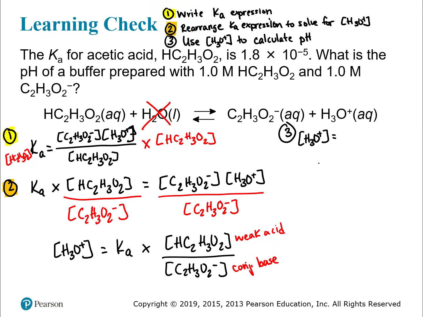The Ka was given in the problem, and it's 1.8 times 10 to the minus 5. The concentration of acetic acid is 1 molar. And we have 1 molar acetate ion as well.